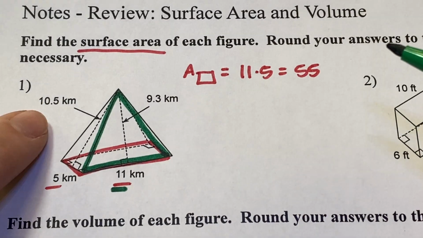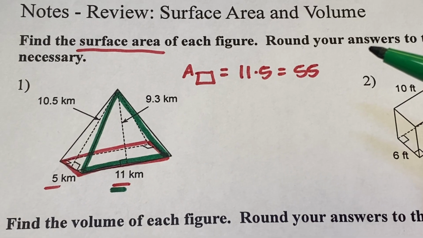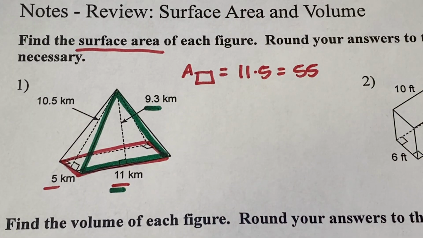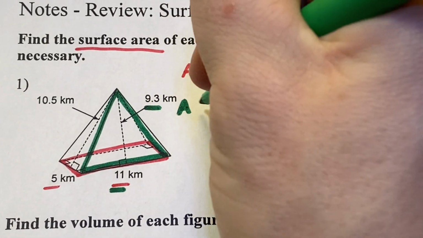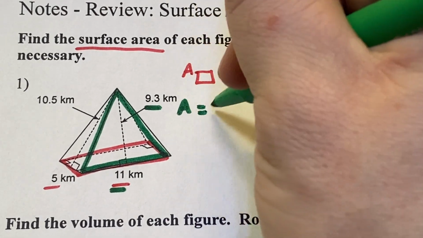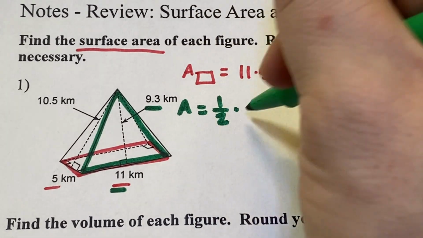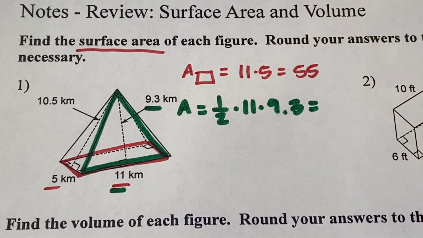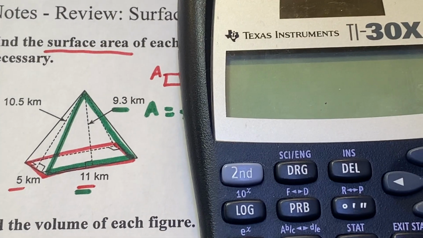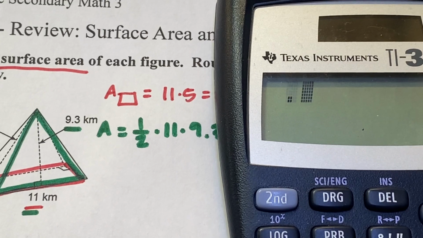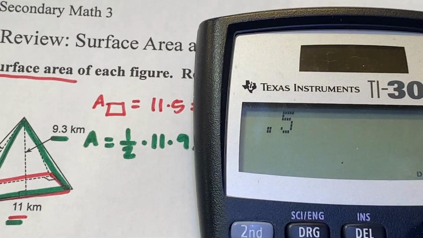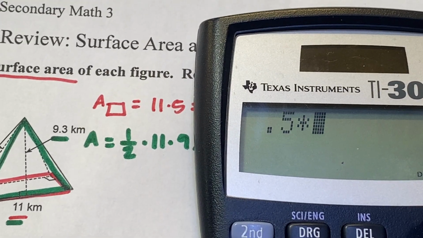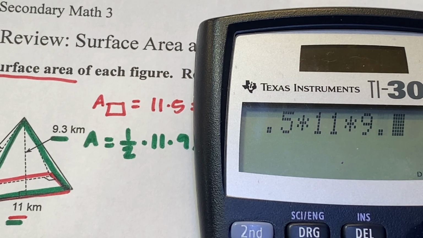Ooh, not quite 10.5. That'll be the height on the side ones. 9.3. Beautiful. Okay, so the area of this guy is going to be 1/2 times my base, 11, times my height, 9.3.